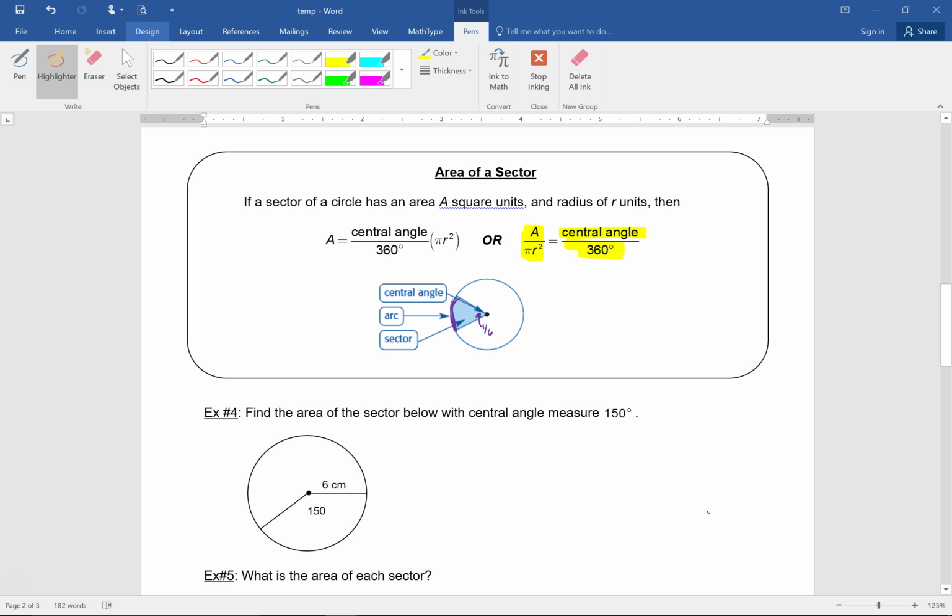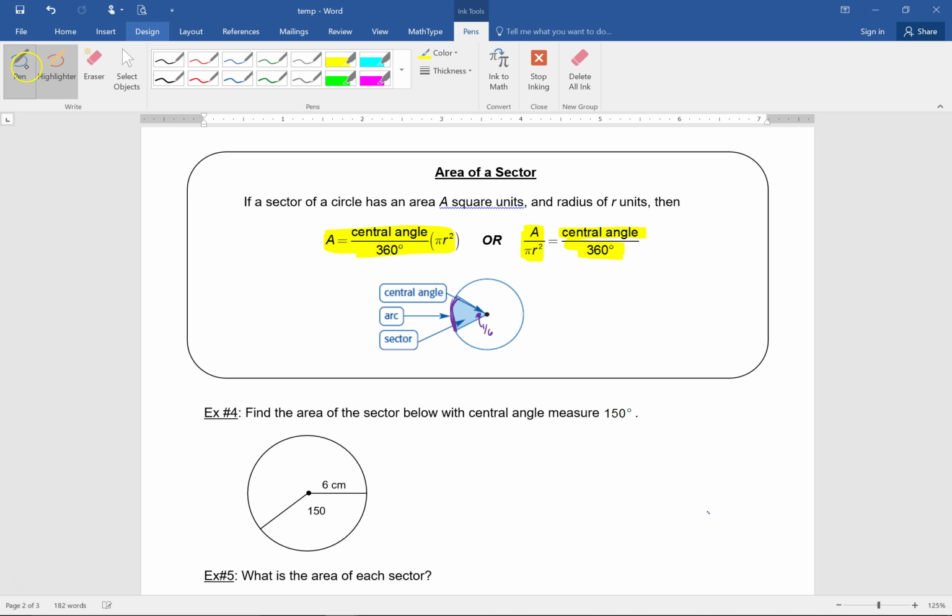If the central angle is 60, 60 over 360, that's 1/6, right? Well, the area of the sector over pi r squared would also be 1/6. Now, if we solve this for A, what would we get? If you multiply both sides by pi r squared, that's what you get.